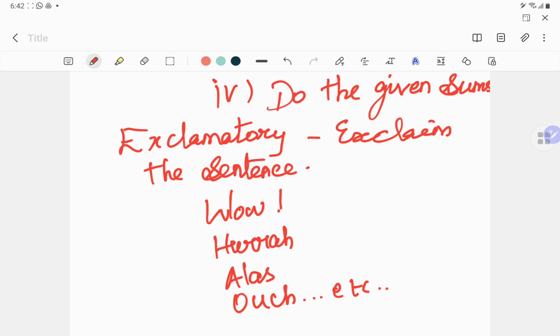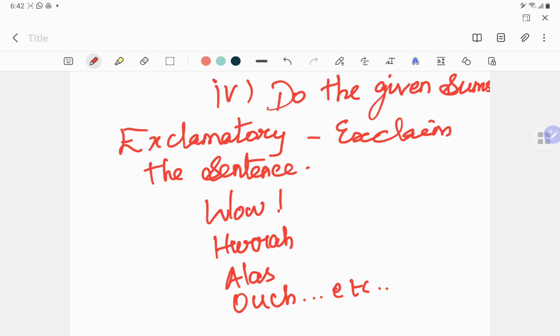For example, the Taj Mahal is very beautiful. This is a normal sentence. That sentence can be told by anyone to anyone. But if you add the word wow before the Taj Mahal is very beautiful, that sentence expresses the emotion of your feeling, the emotion of your happiness.